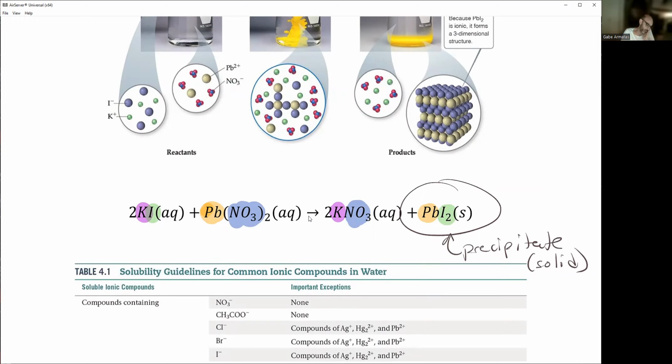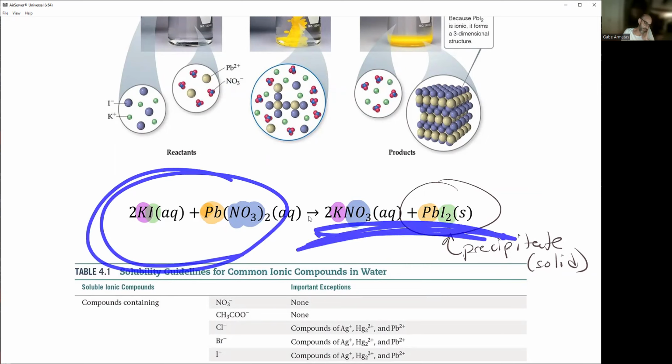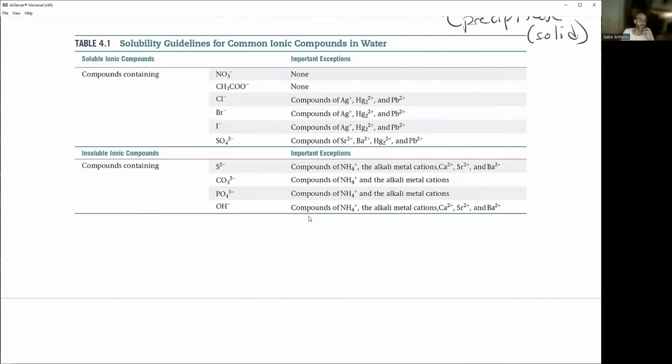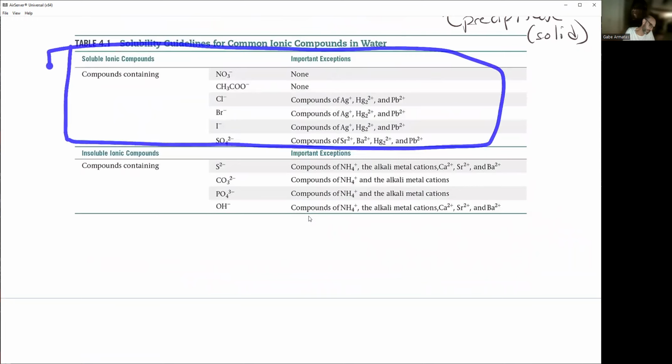Okay, so when you exchange things, you can have reactions happen, right? So they don't necessarily all stay in solution. In fact, if all stay in solution, nothing really happens. So they kind of form these solids. So these solubility guidelines. So here is a simple table. The first section of this is going to be our soluble ionic compounds.